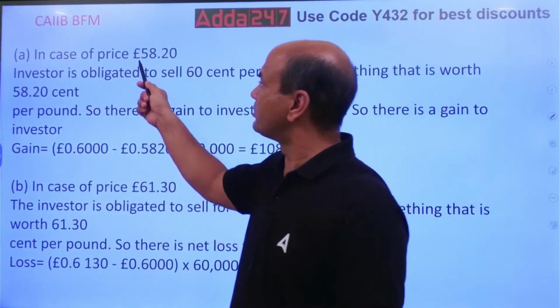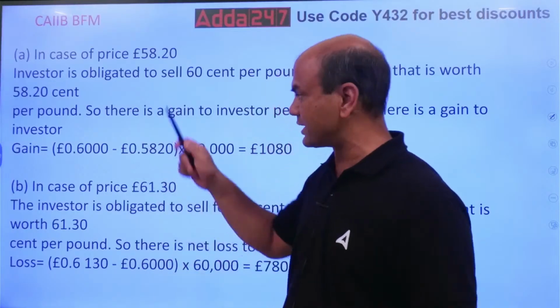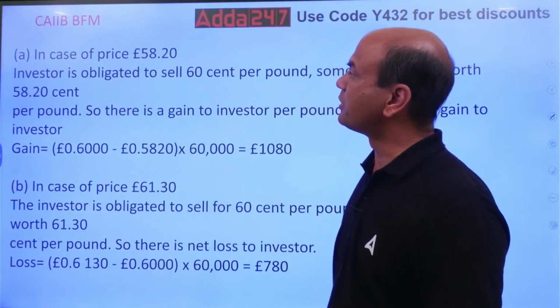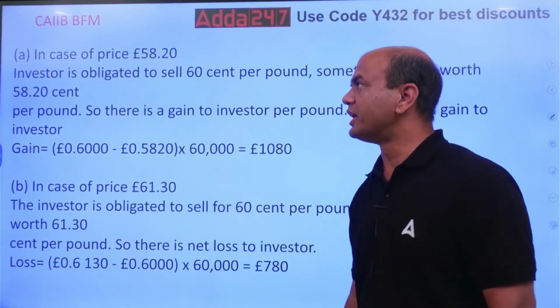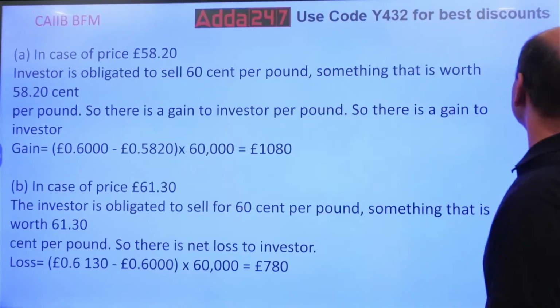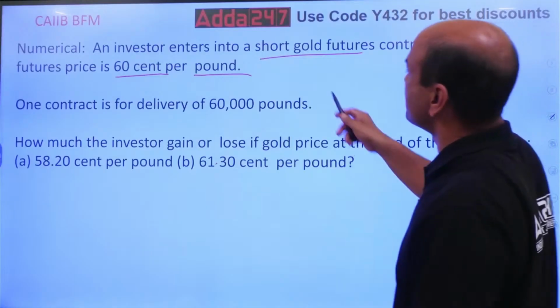The first case is 58.2, and the second case is 61.3. In the case of 58.2, the investor enters into a short gold futures.